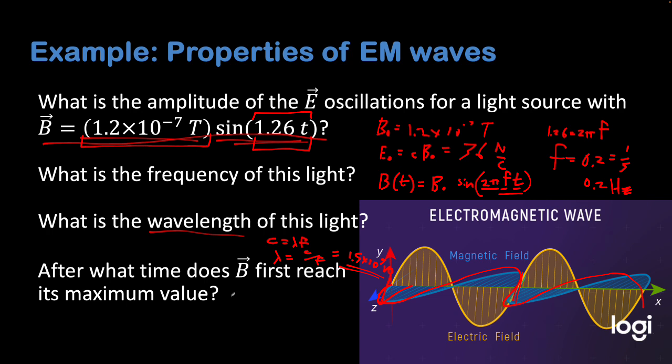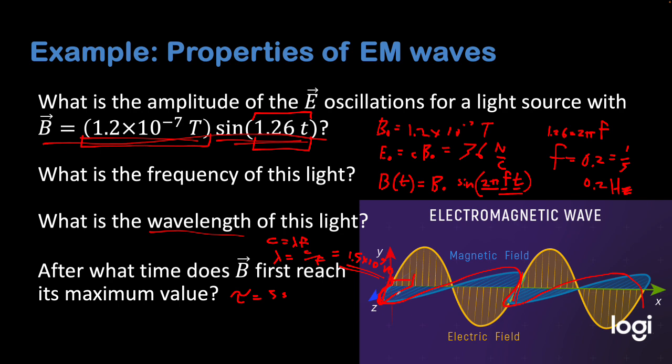So I could say that the period, which sometimes we use tau for, how long it takes to go from one end to the other for one wave, is 5 seconds. But I want to know how long it takes B to go from 0 up to the maximum, and that takes only 1/4 of the full wave.